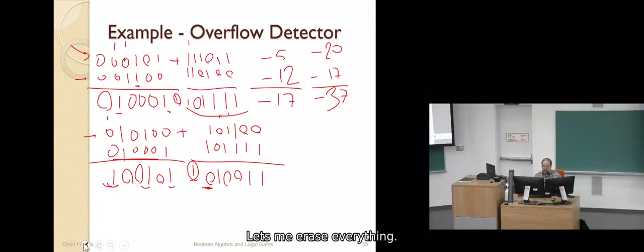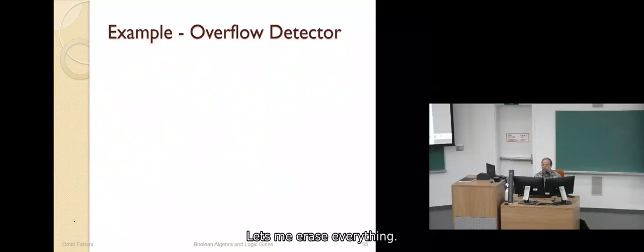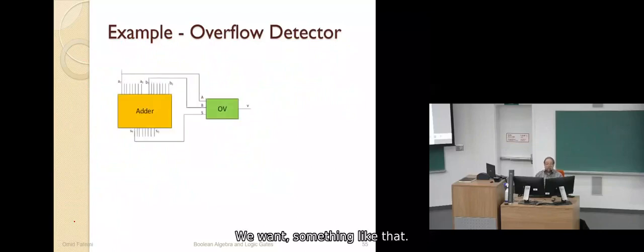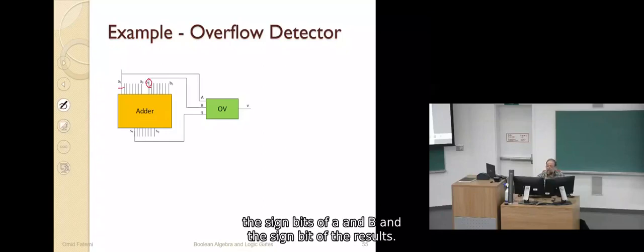Let me erase everything. We want something like that. And you know, the result would be based on the sign bit of A and B and the sign bit of the result. We just need that to find out about the overflow.